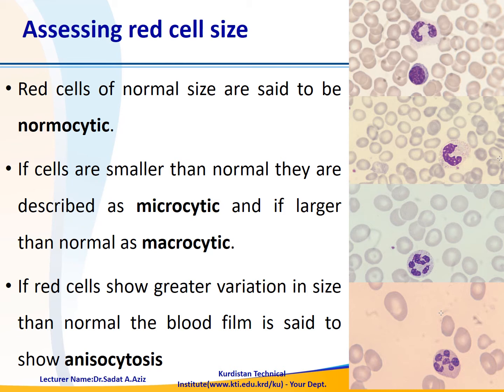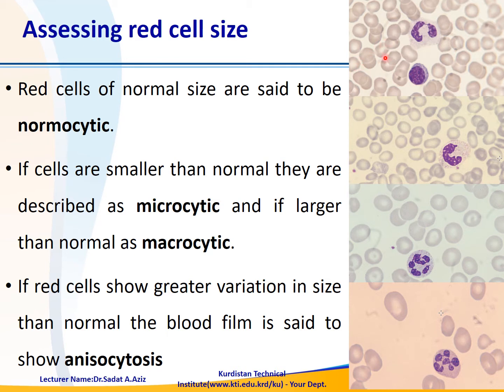And then you can assess the red blood cell size. So the red blood cells can be assessed based on their sizes. Okay, so normally the red blood cells have a biconcave disc-shaped appearance with a diameter of about 7 micrometers and a thickness of 2 micrometers, and this is called normocytic. Normocytic means the cells have a normal size distribution.